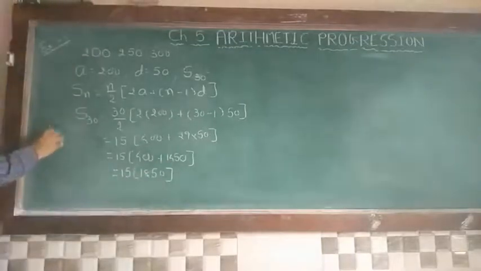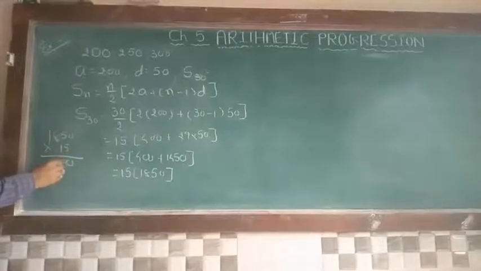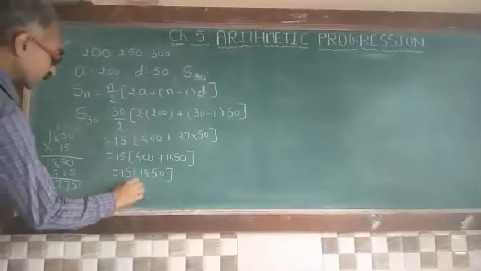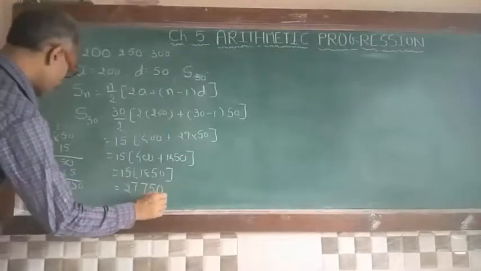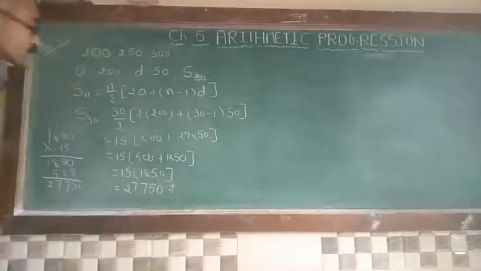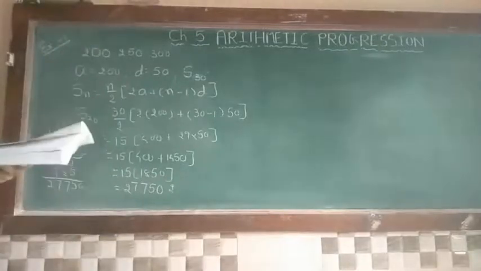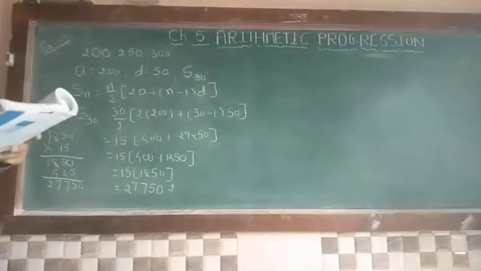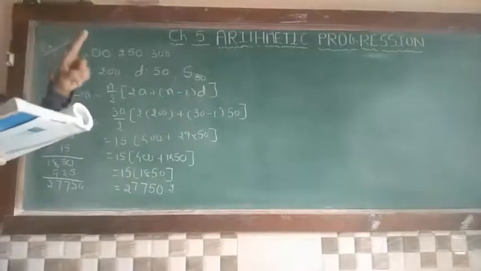So this is our answer, 1850 into 15. So the answer is 27750 rupees. So the contractor has to pay 27,750 rupees as the penalty for 30 days.